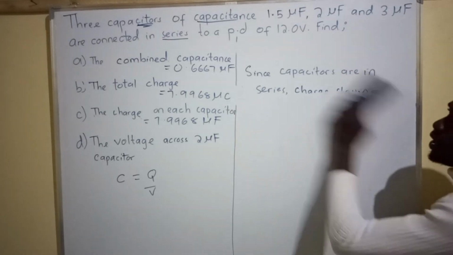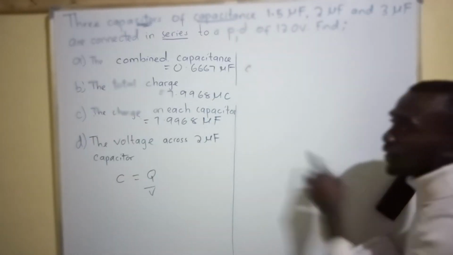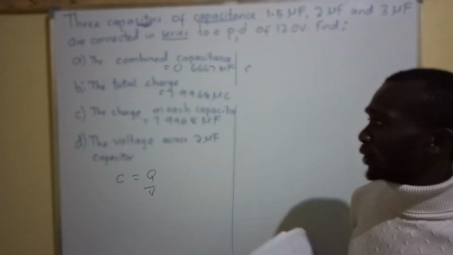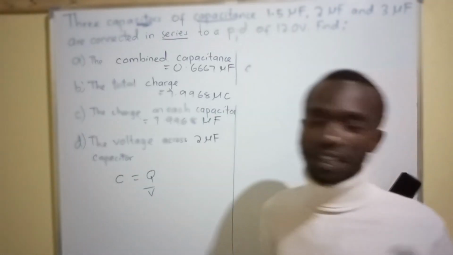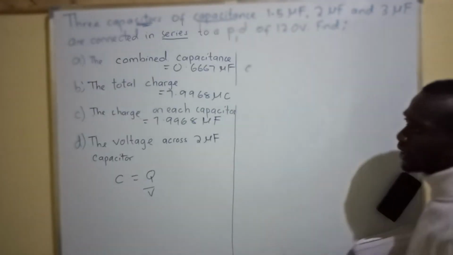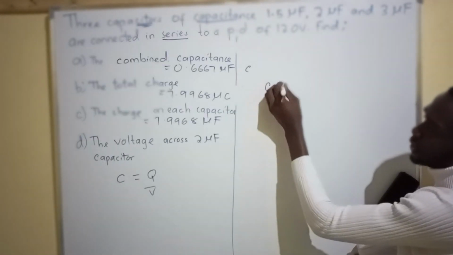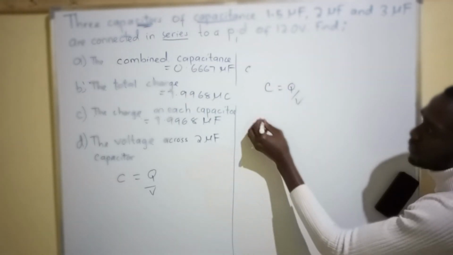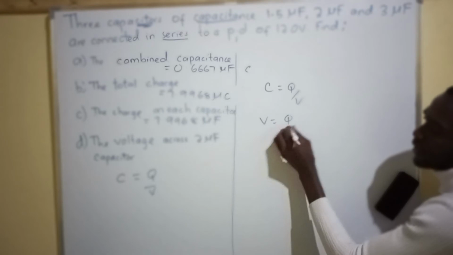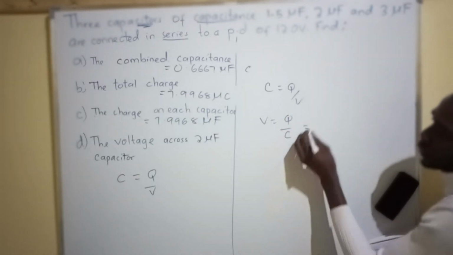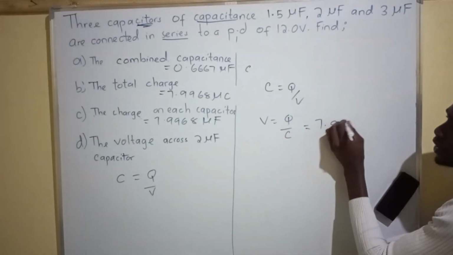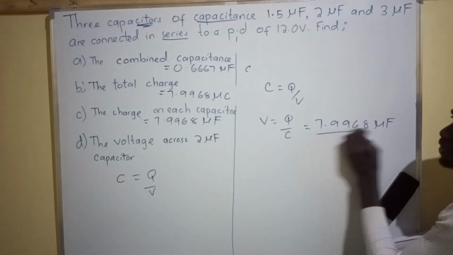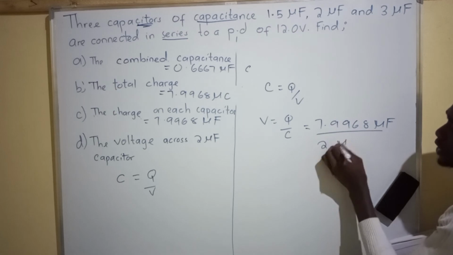And finally, the voltage across the capacitor of 2 microfarads. Because we already have the charge, the charge across the 2 microfarad capacitor is 7.9968. The capacitance is the quantity of charge per unit volt. So to get the voltage, V is equal to the quantity of charge over the capacitance, which is 7.9968 microcoulombs divided by 2 microfarads.